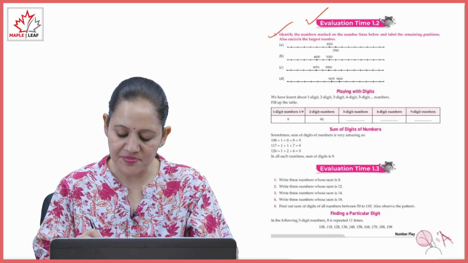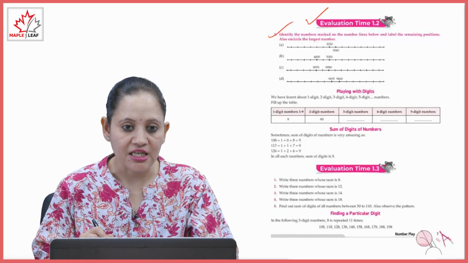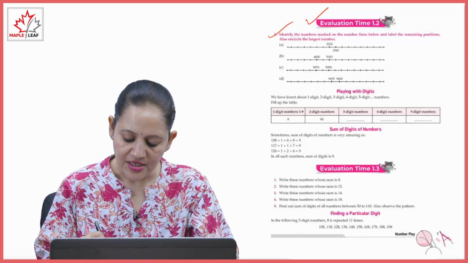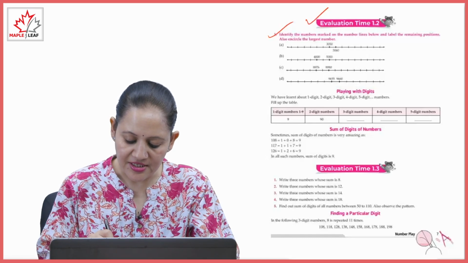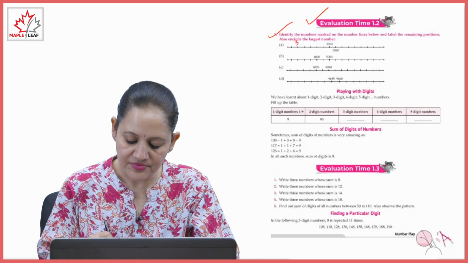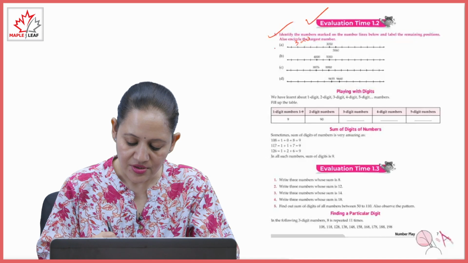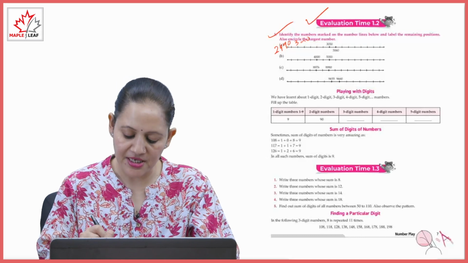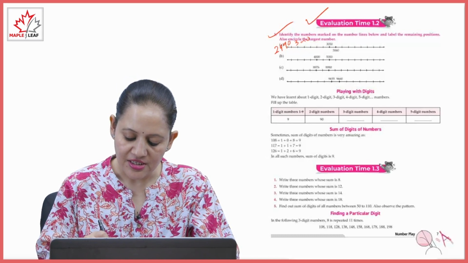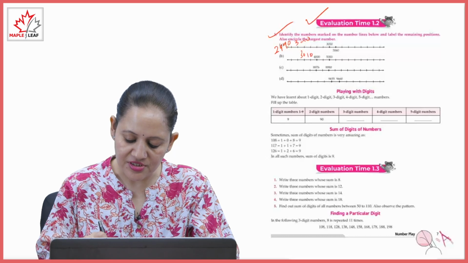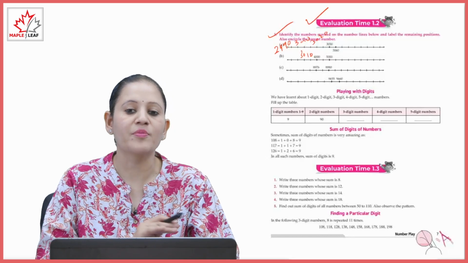So here the numbers marked are 3060, 3050, 3040, 30, 20, 10, 3000 and यहाँ पे से less हो जाएगा 2990 बिकॉज 10 का गैप है, 2990, 3000, 3010, 3020, 3030, 3040. Like this you will mark the numbers.